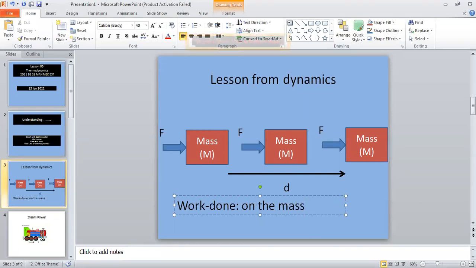You can experience this practically. The resultant force applied on M acts on M and M is displaced because of F. So this is work done on the mass. You should not memorize, but you should feel this mystery.